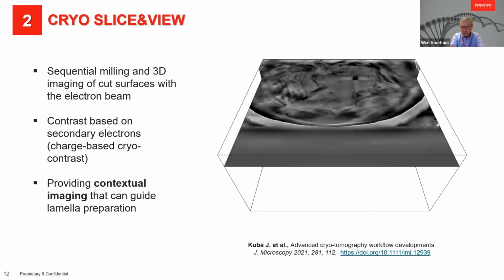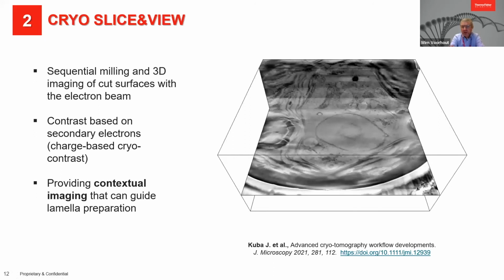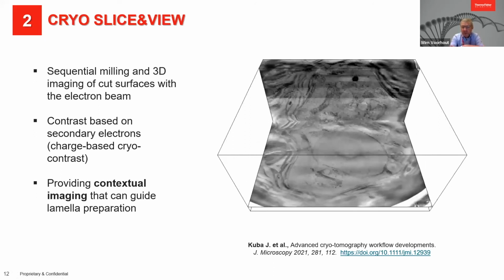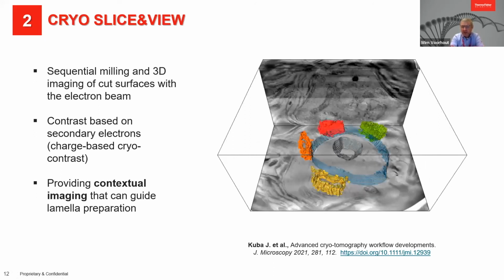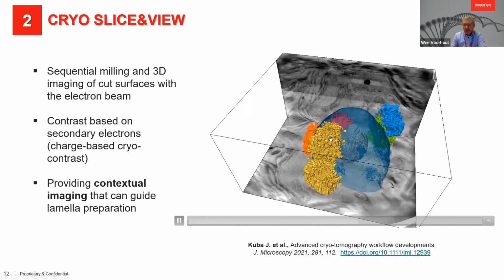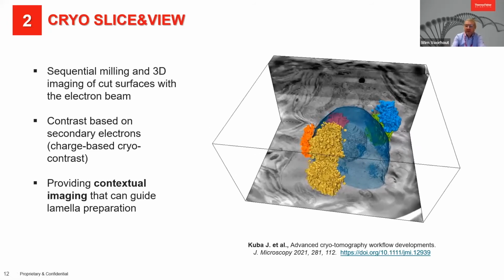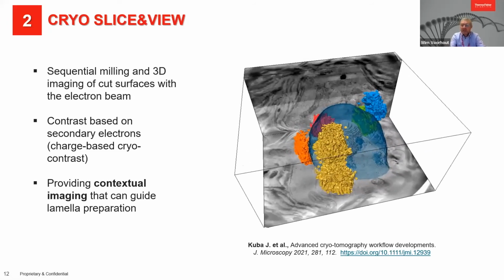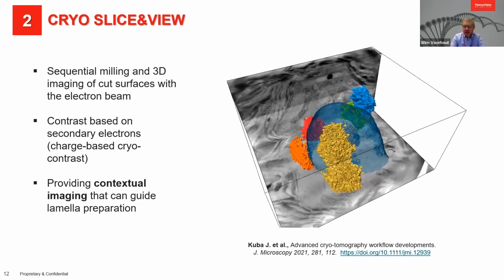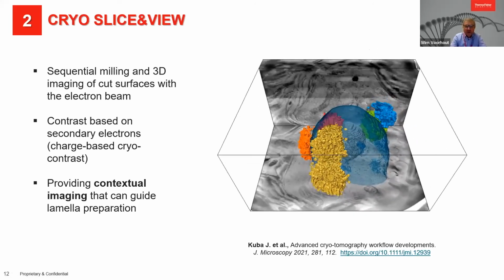Now, we can also do cryo slice and view, where, say, with the gallium beam, you remove a thin layer from your frozen material and then take an SEM image, remove another layer, take an image. In that way, you can build up a three-dimensional image in space, but it can also help guide you to the area of interest where you want to take your lamella.